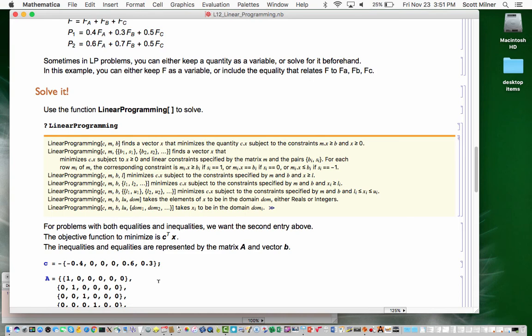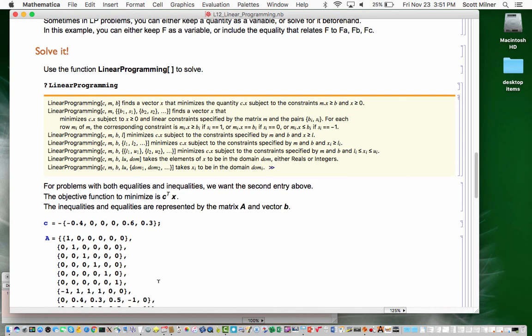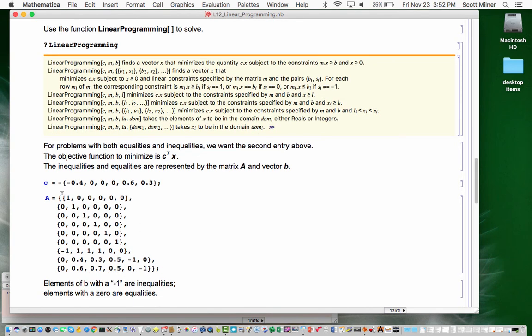Next comes the matrix, which I've called A here for some reason, the matrix of the set of rows which define the different equalities and inequalities. And so I've got first a set of the rows which all correspond to the inequalities.